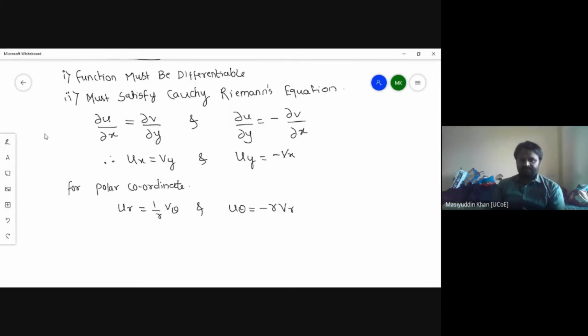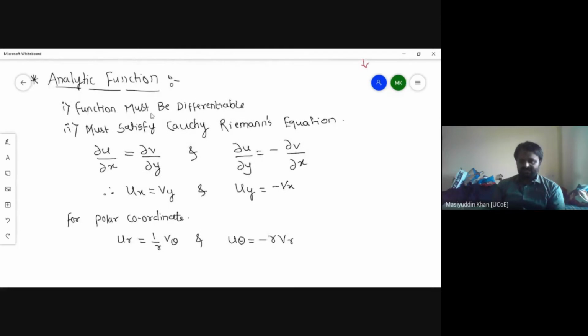One more time I am going to explain what an analytic function is. The function must be differentiable. The function must satisfy the Cauchy-Riemann equation. The Cauchy-Riemann equation in Cartesian coordinates is dou u by dou x, or ux, is equal to vy and uy is equal to minus of vx. If these conditions are satisfied, then you can say that the given function is an analytic function.